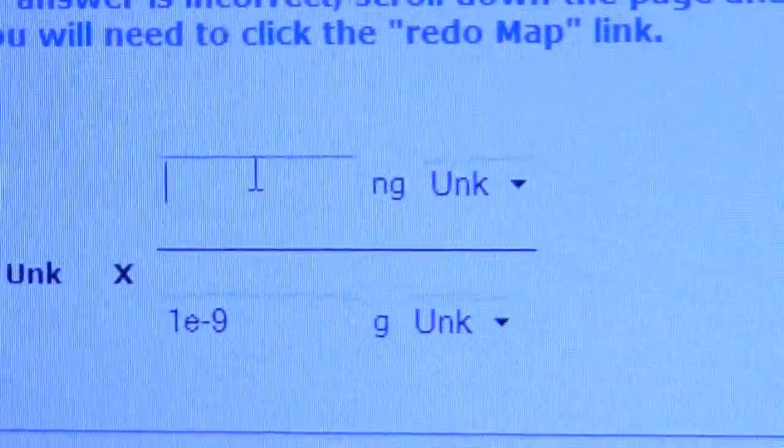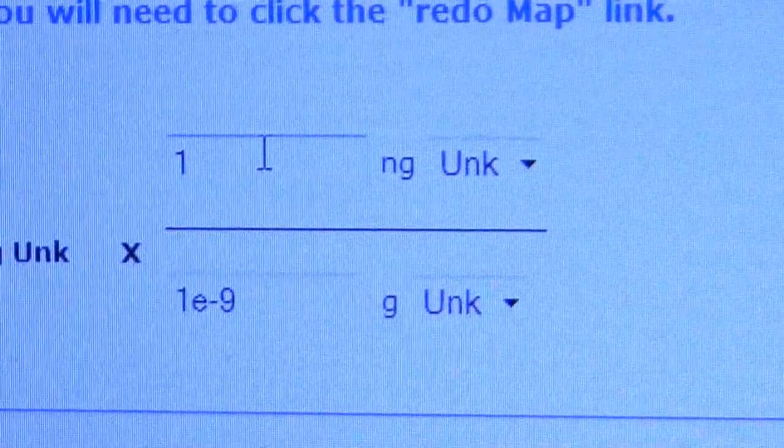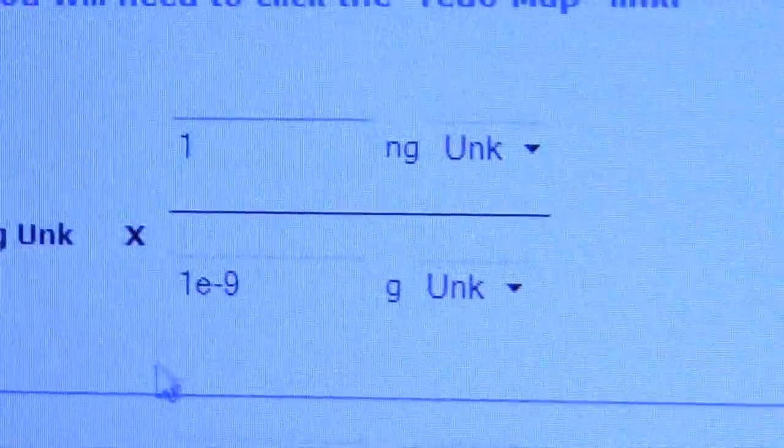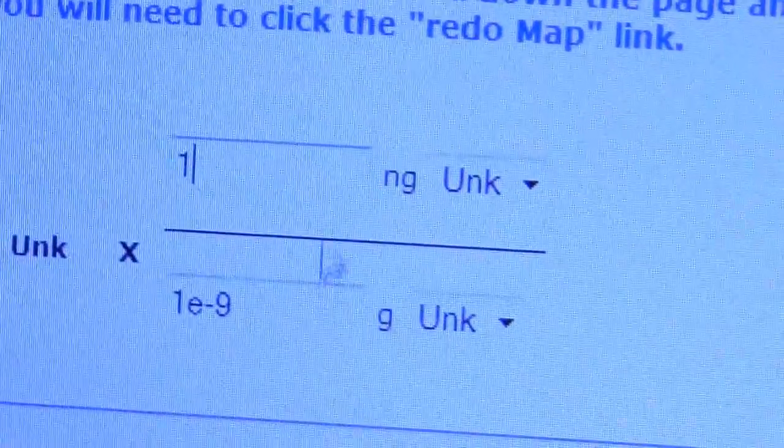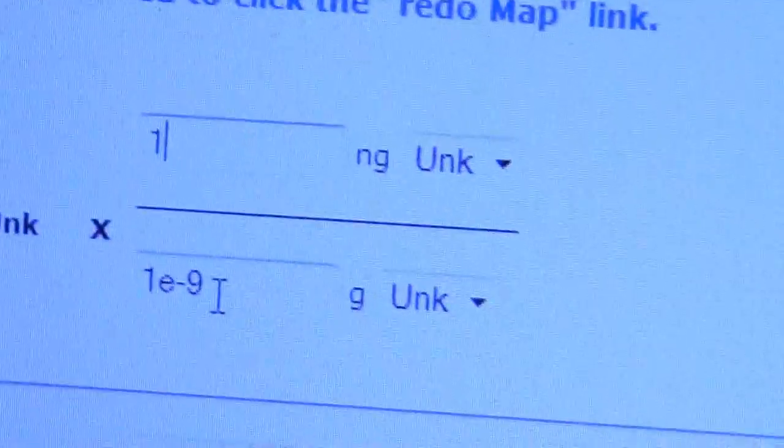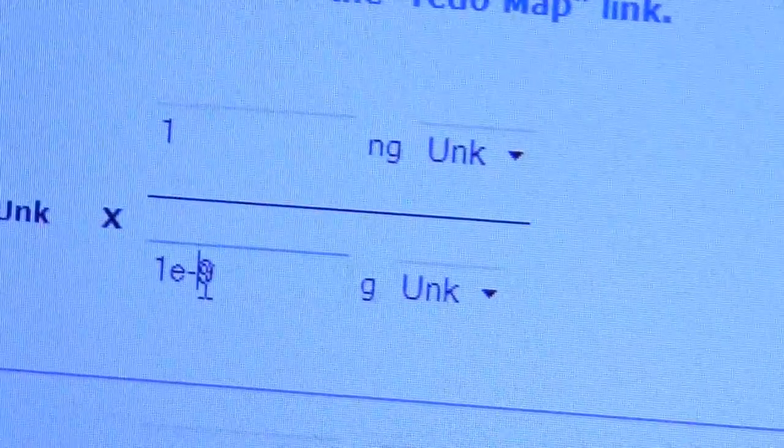So 1 nanogram is 1 times 10 to the minus 9th grams, or we could say there are 10 to the 9th nanograms in 1 gram. You can put it either on the top or the bottom. It's just the sign will be different.